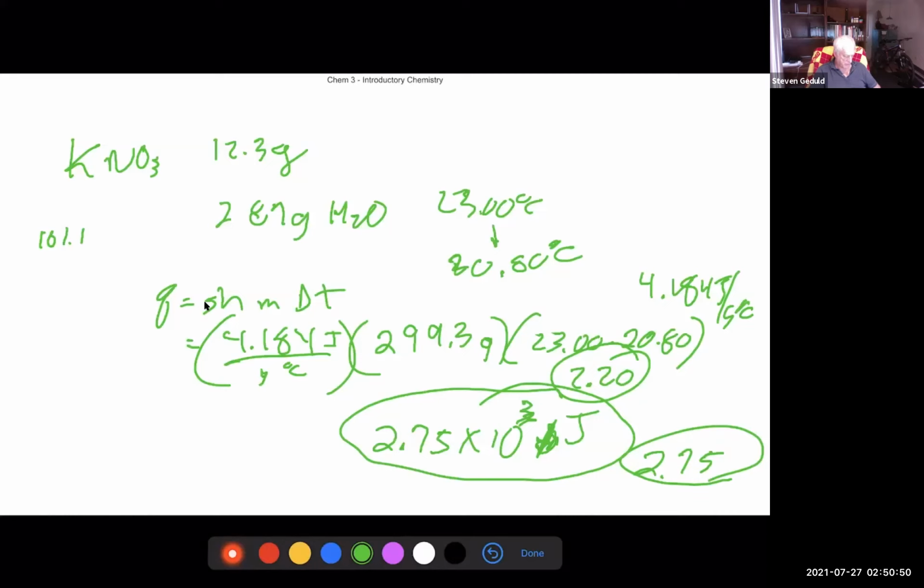Okay, the next one is strontium chloride and sodium fluoride react to form strontium fluoride and sodium chloride. Reaction shown. Okay, so you have the reaction.